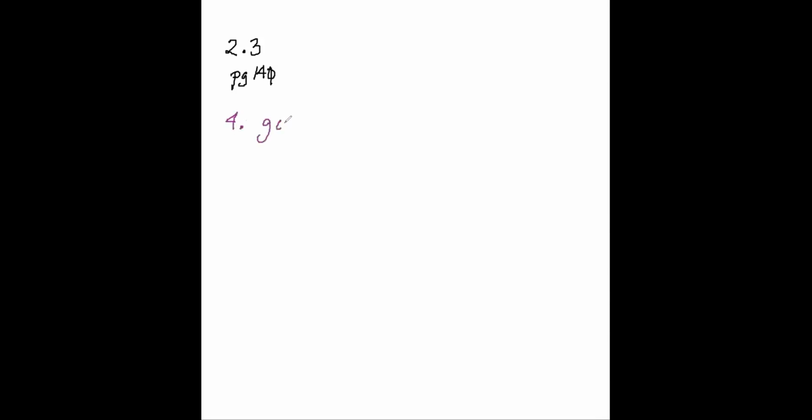Problem 4 says we need to take the derivative of g of x is equal to 7 over 4 x squared minus 3x plus 12. How am I going to take this derivative? Is this a product rule?